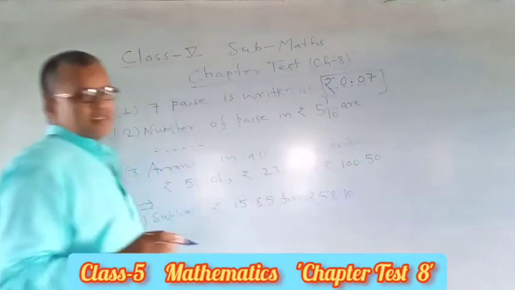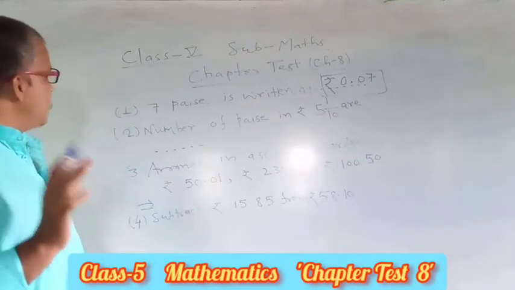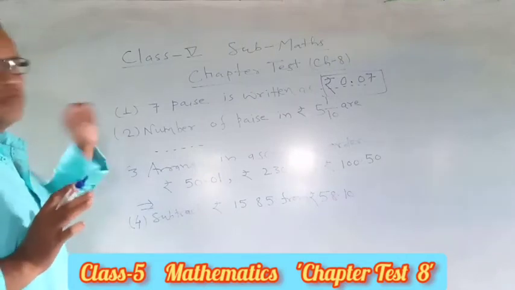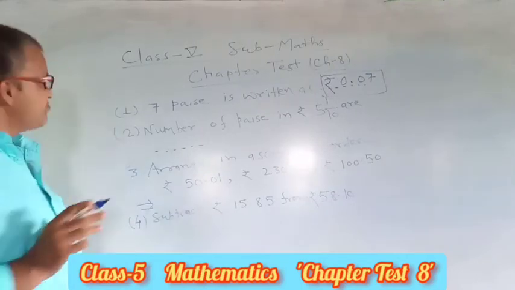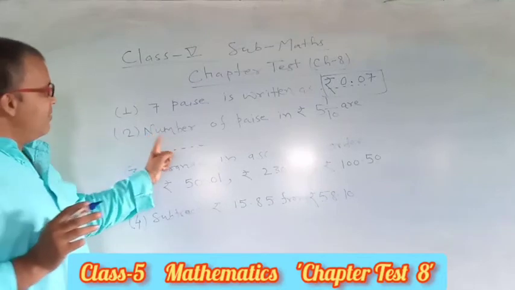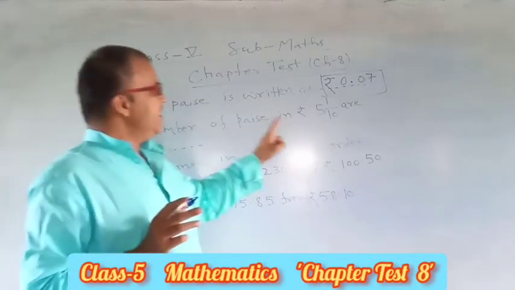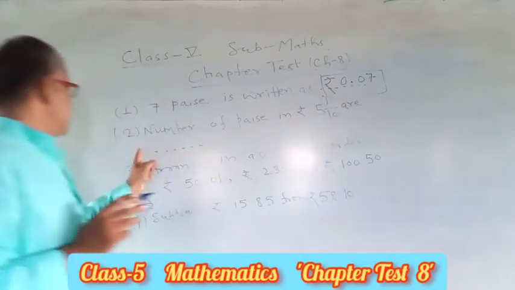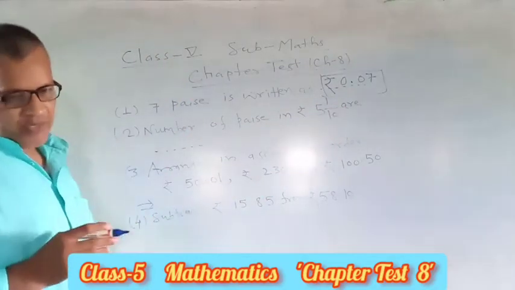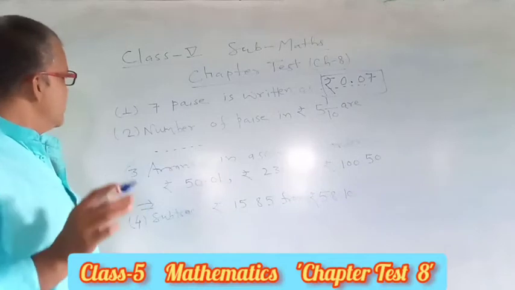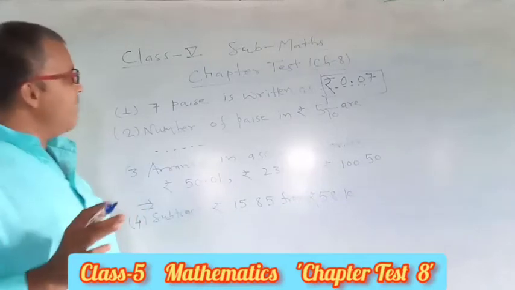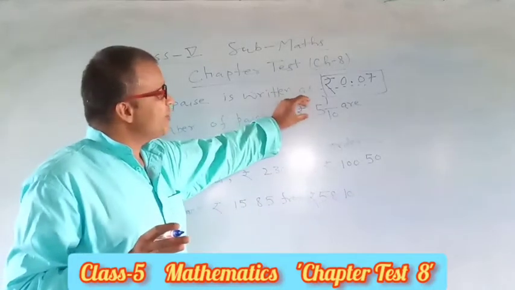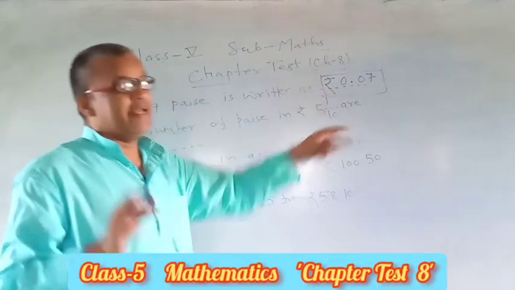Now similarly you can see question number 2 written on the blackboard. The question is: number of paise in rupees 5 and 1 by 10 are, with a blank space. What will it be? It means you have to convert rupees 5 and 1 by 10 into paise.